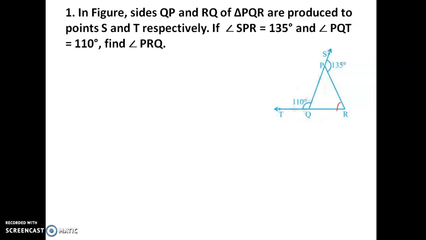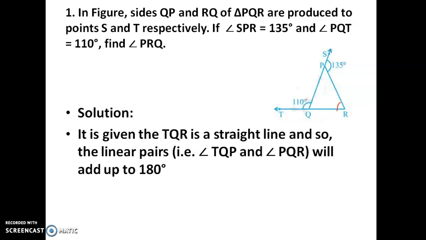How to find out? Both are exterior angles, so with that itself we can find out. It is given TQR is a straight line, and so the linear pair angle TQP and angle PQR will add up to 180 degrees.